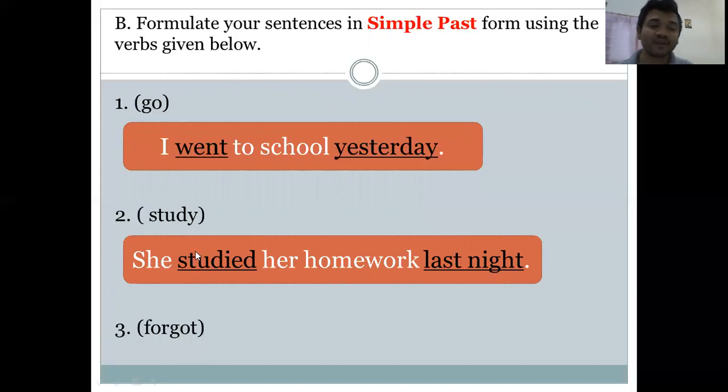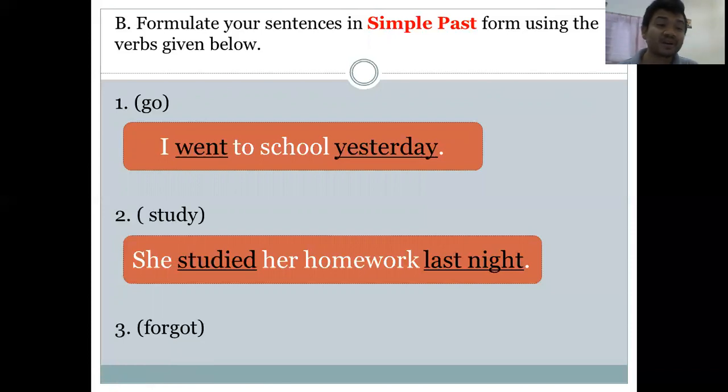Again, the rule here is if the verb ends with Y, when you make it into simple past, delete the Y and change it into I, and then add ED. So she studied her homework last night. Once again, I'm not expecting you to arrive at the same sentence, but I'm expecting you to arrive at the same structure.